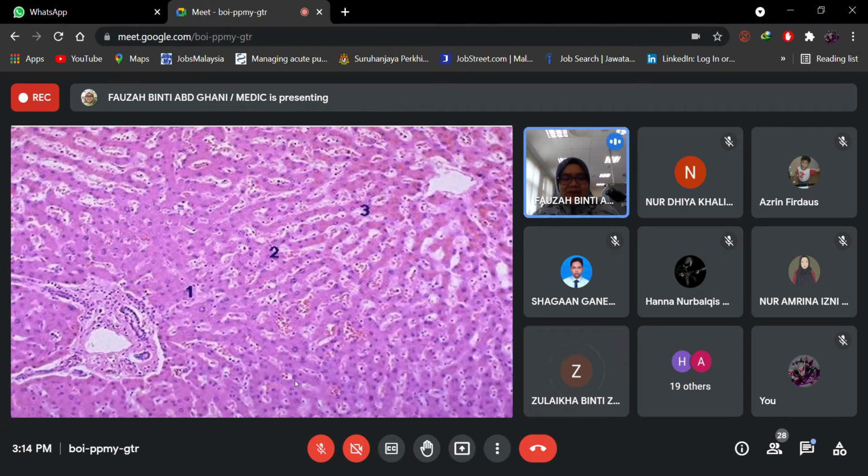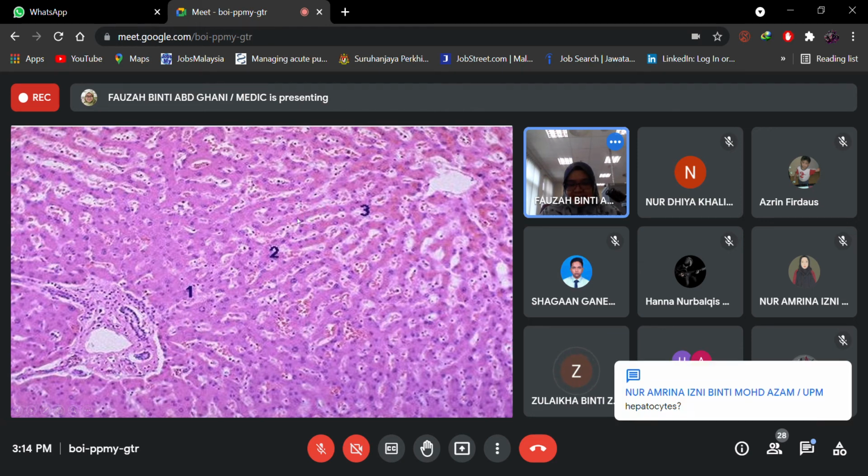Okay, normal. What constitutes normal liver histology? What is there? Are there glands? What are these cells here? Liver hepatocyte, yes, okay.